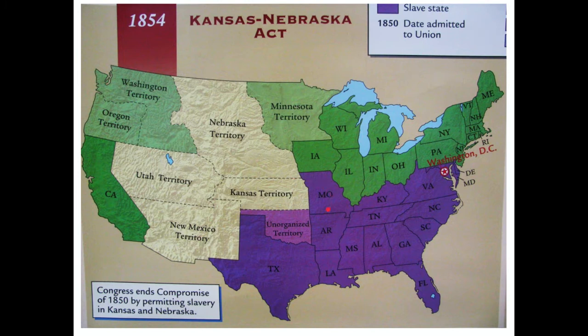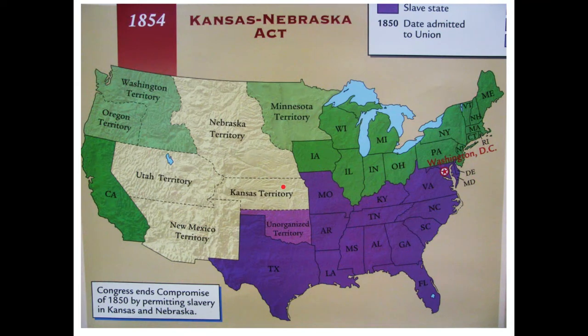And there's going to be a lot of Southerners called the border ruffians, because the ruffians are people who cause trouble, and they're going to cross this boundary into Kansas from Missouri mostly, but from other southern states, and kind of hold an illegal election, and they're going to vote illegally, and they're going to elect a pro-slave government.